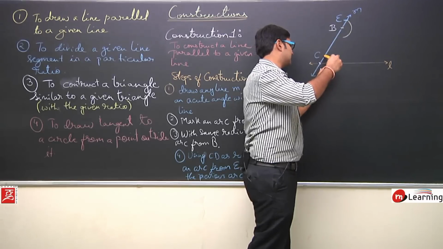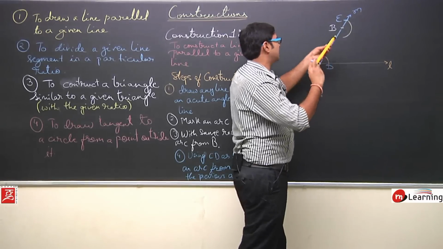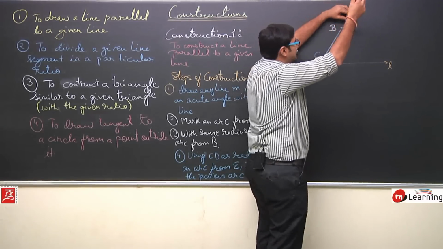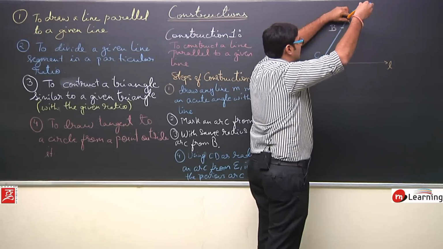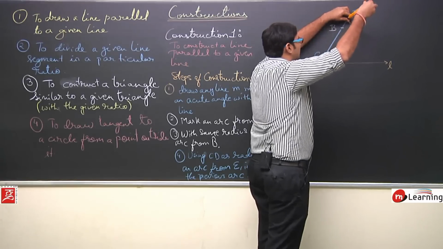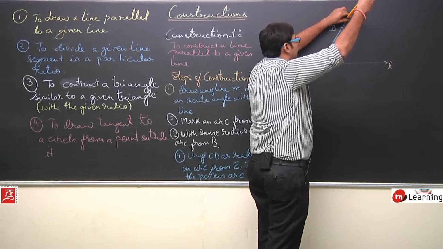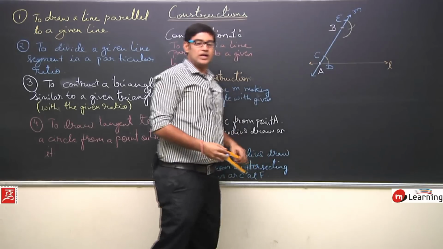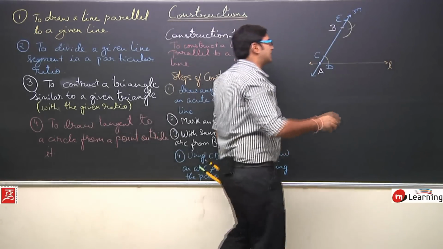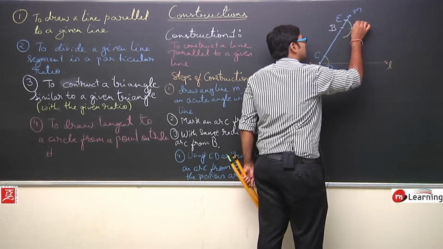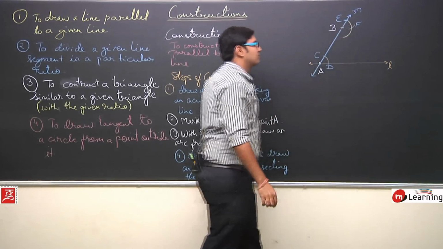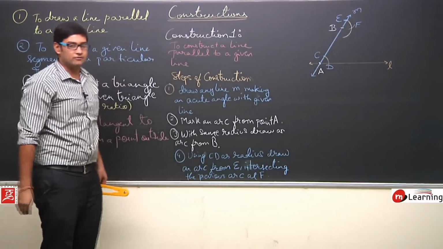You can see this is the length of CD. Now using this E as the center, I will draw an arc like this. This will be my arc and I will say that this is the point F. Okay. This is the point F.